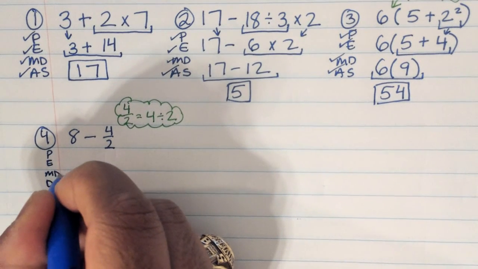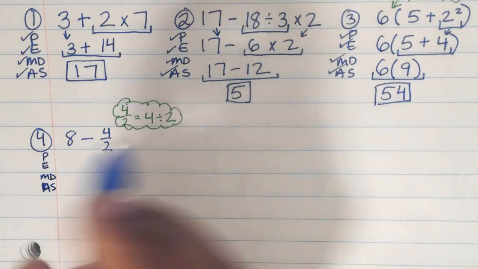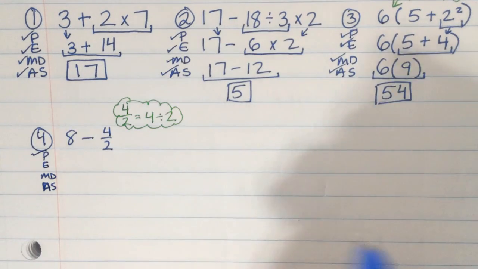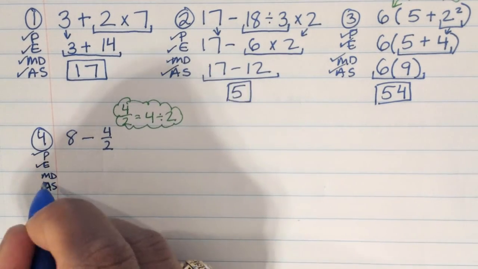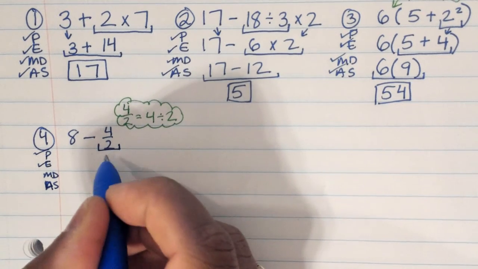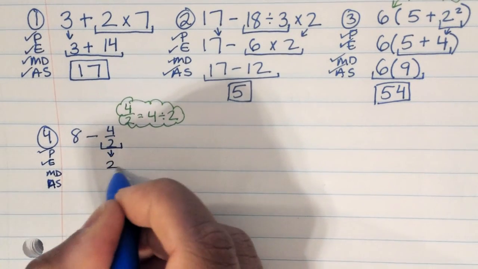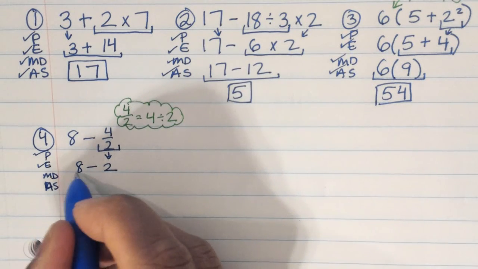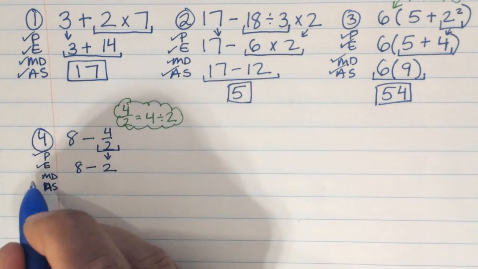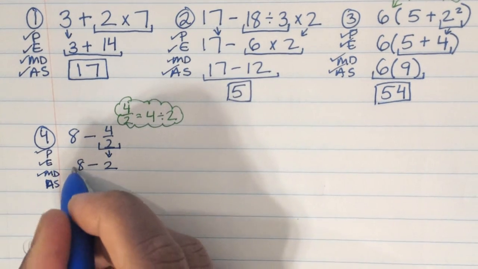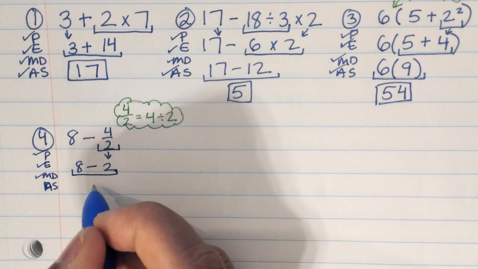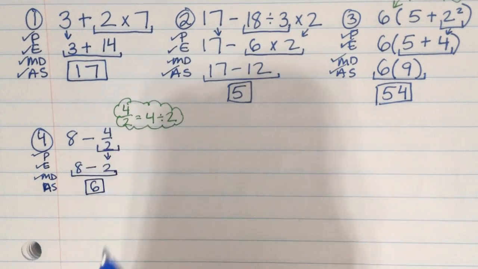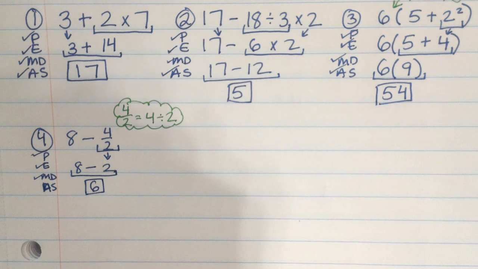There's no parentheses. No exponents. Is there multiplying or dividing? Yes. 4 divided by 2 will get me 2. There's no more multiplying or dividing. So now I will have adding and subtracting. 8 minus 2 will get me 6. And that's all we got.